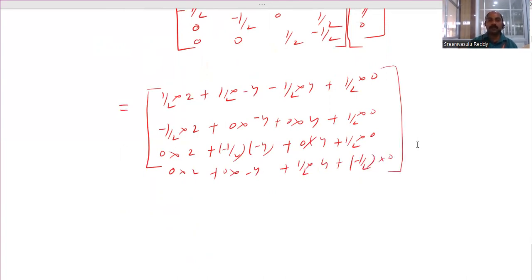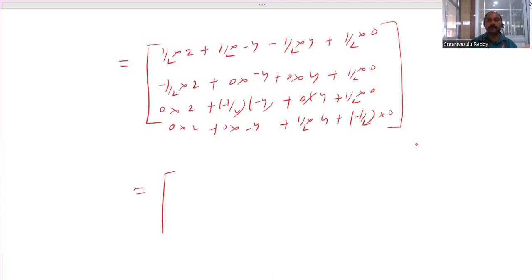Simplify this expression, we get the solution 1 minus 2 minus 2 0. First row element minus 1 0 0 0. Next row 0 minus 1 into minus plus plus 2 0 0. Last element 0 0 2.